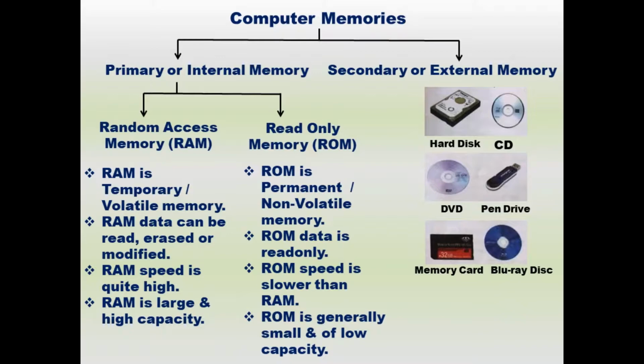This type of program is already stored in read-only memory at the time of manufacturing, and that's why this kind of data we cannot erase. We can read only, but we cannot write our own data in read-only memory. Again, the speed of RAM is quite high, and ROM is slower than RAM. Random access memory is large and high capacity, but read-only memory is generally small and of low capacity.